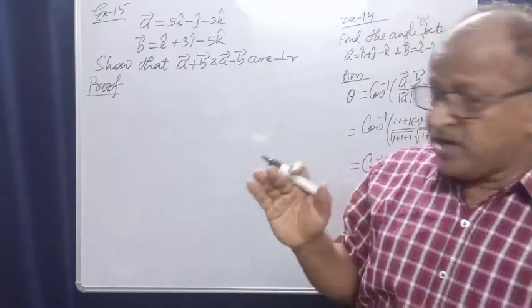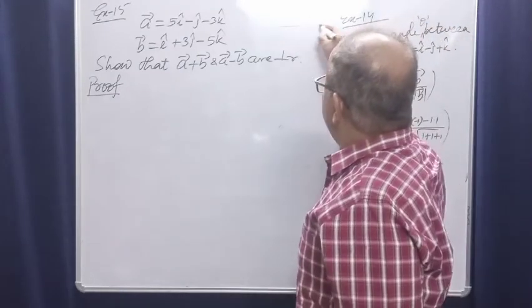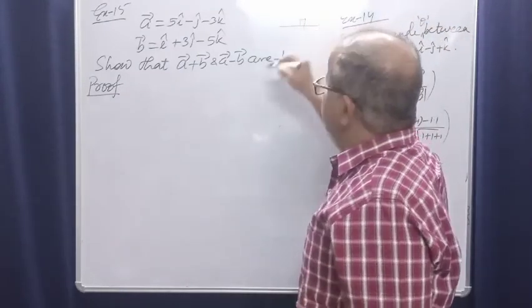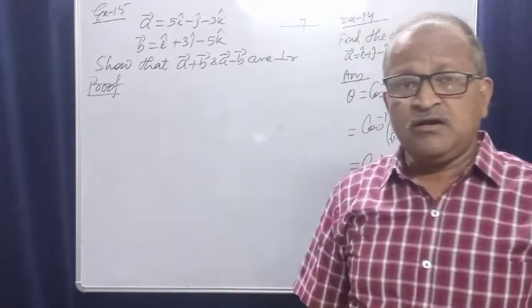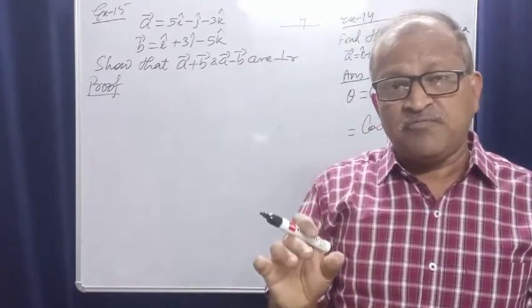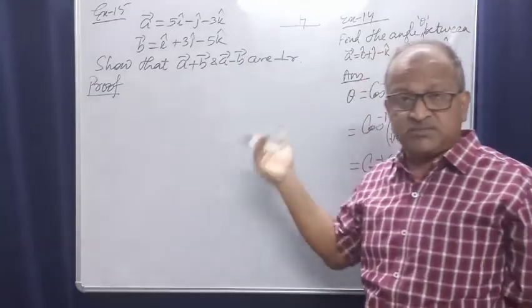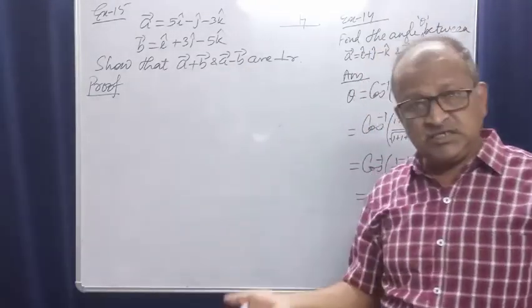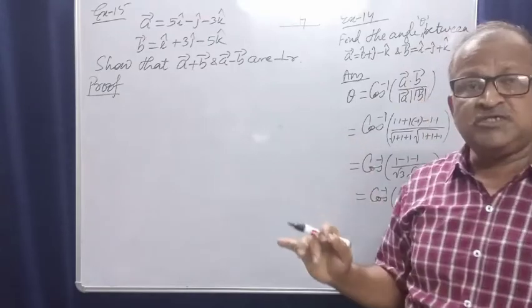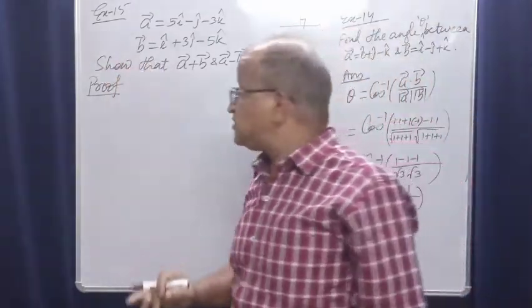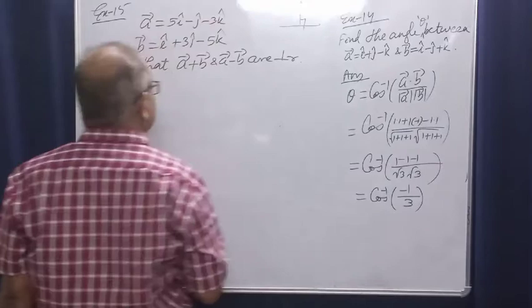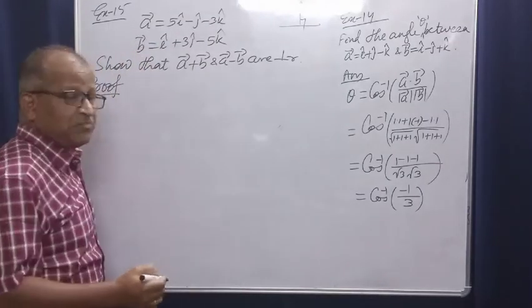Because when two vectors are perpendicular, the measure of the angle between them must be 90 degree. And A dot B is magnitude of A into magnitude of B cos 90. Cos 90, cos pi by 2, that is 0. So dot product will be 0. So let us see what happens to these two vectors A plus B and A minus B.